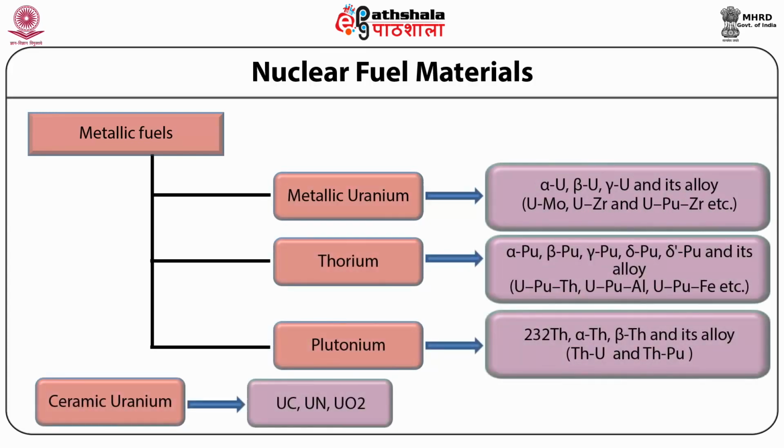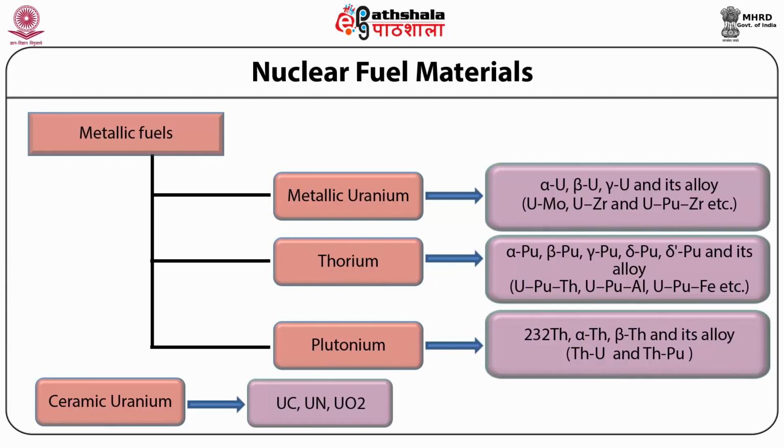U and plutonium based fuels were primarily used in EBR-1 in 1951 to produce a suitable amount of electricity. Further, EBR-2, Magnox, and various other fast reactors have also utilized metallic fuels.